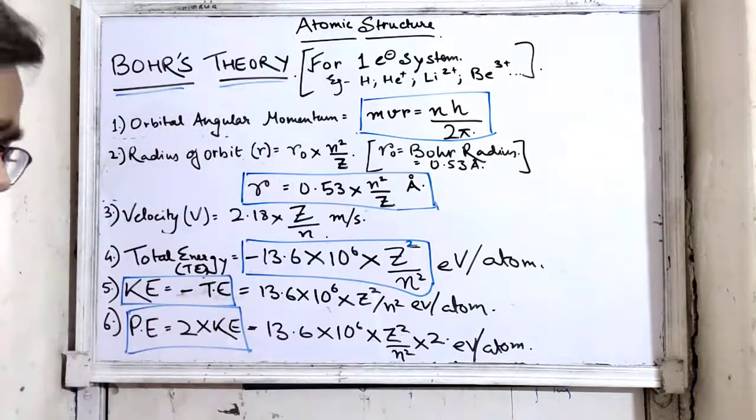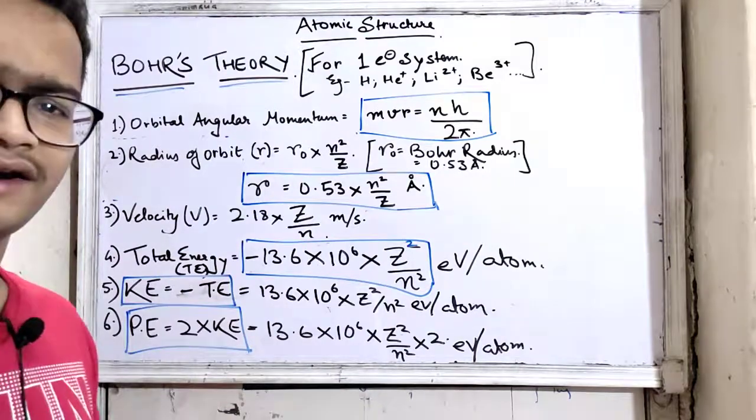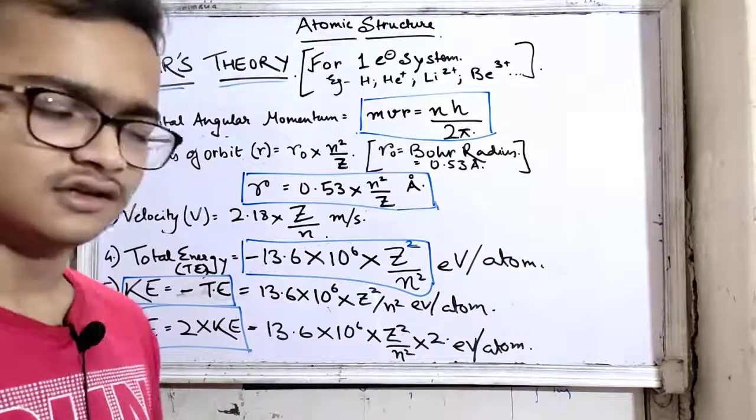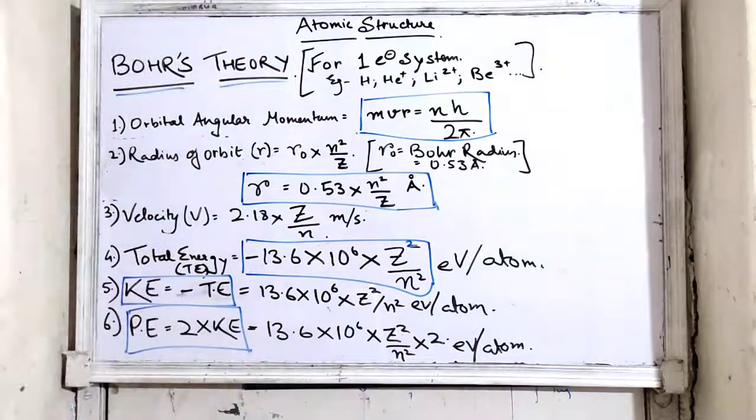Next I will move to the formula for ionization enthalpy, the binding energy and excitation energy. Copy it up to this much, then I'll go.